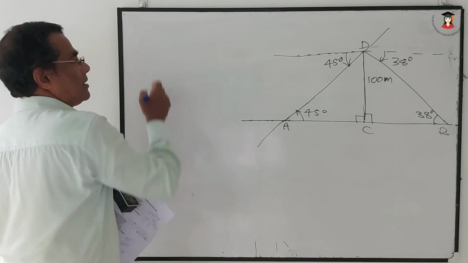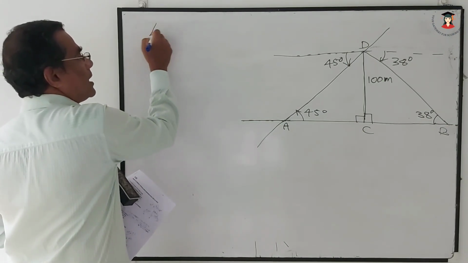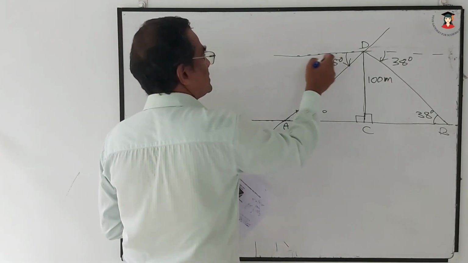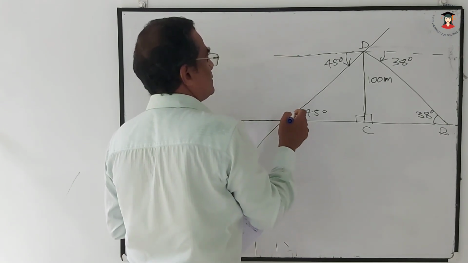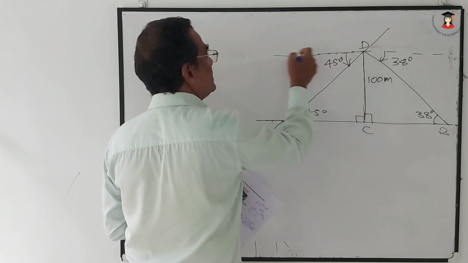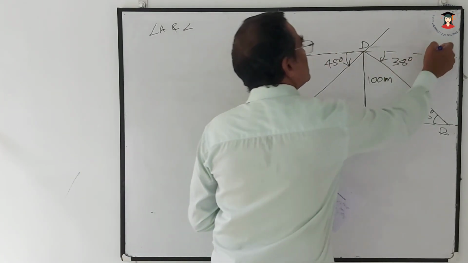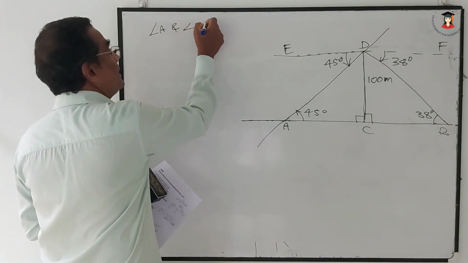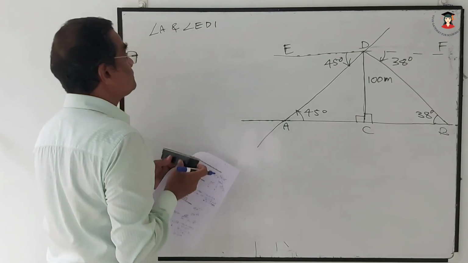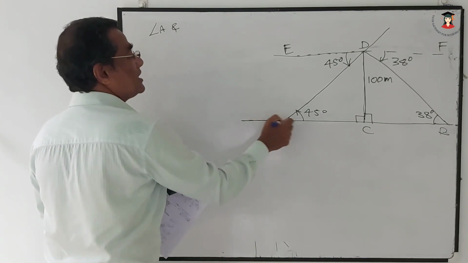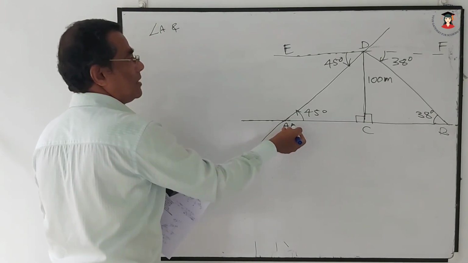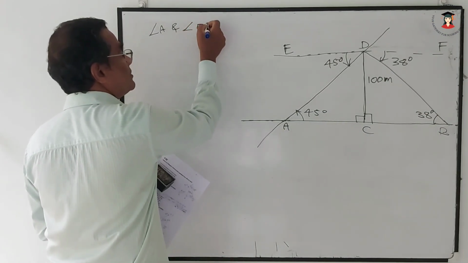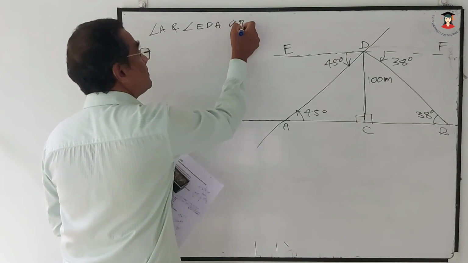So what we can write? Let's say this is E, and let's take a point F here. Angle A and angle EDA are alternate angles.